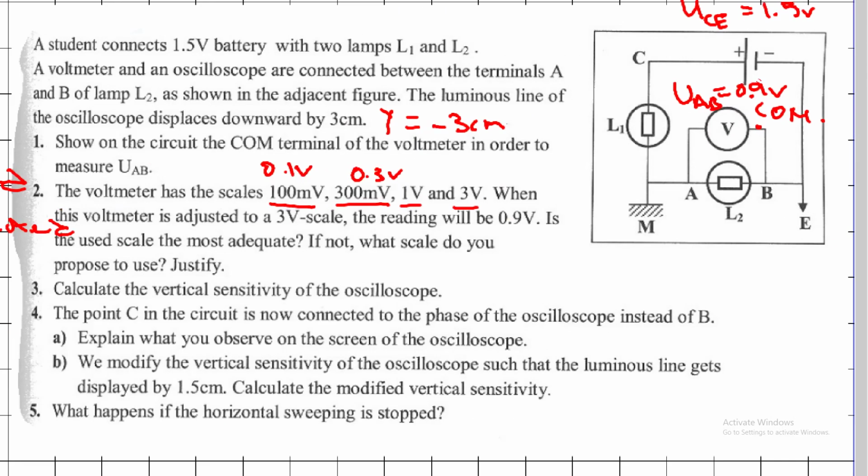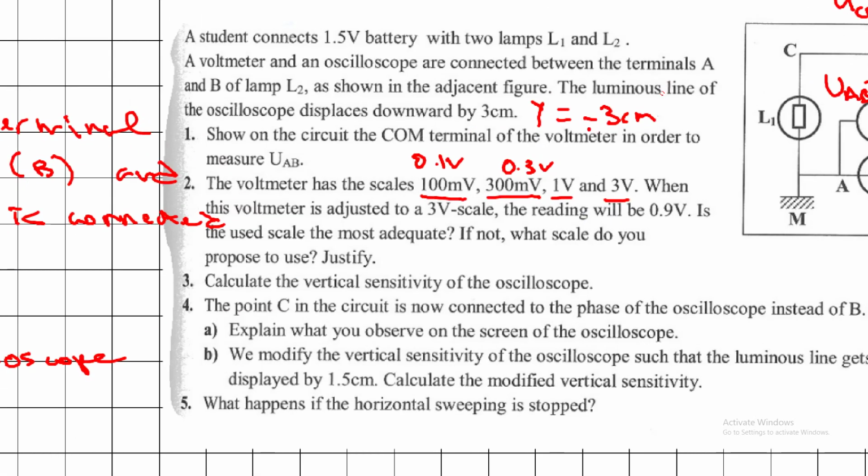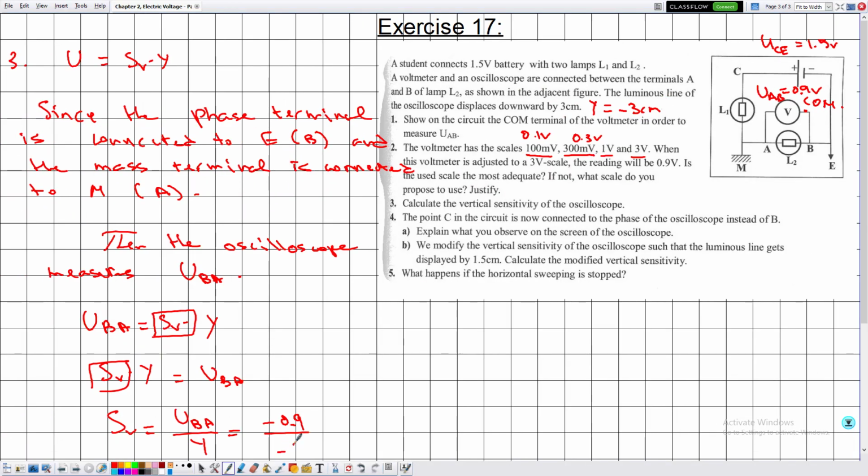So notice that if UAB is equal to 0.9, then UBA is minus 0.9. They are telling me Y displaced downward by minus 3. Plugging this fraction on the calculator, it is given by 0.3.